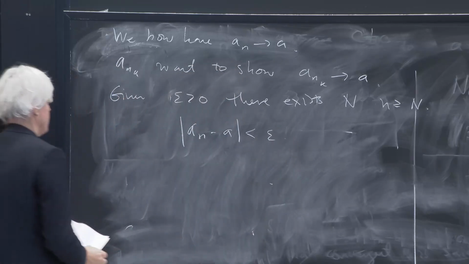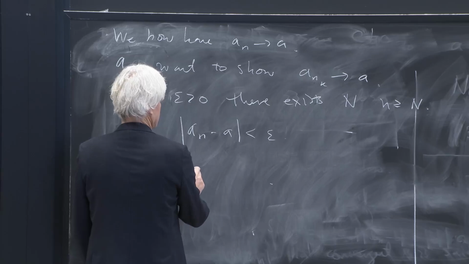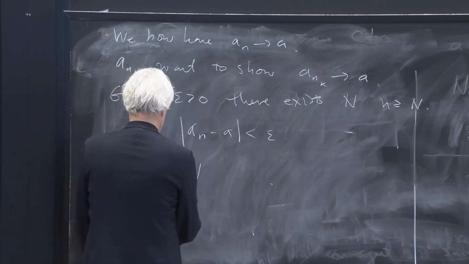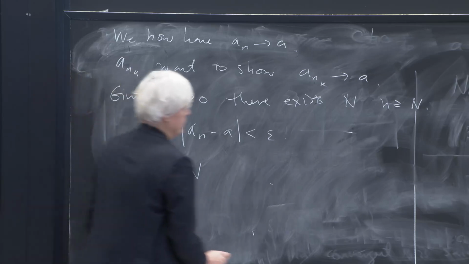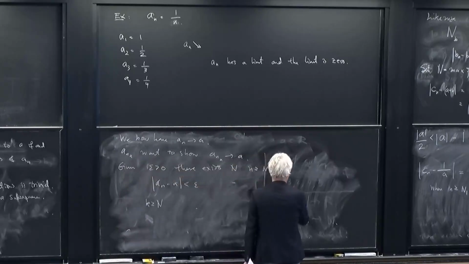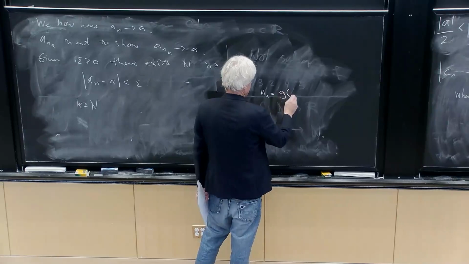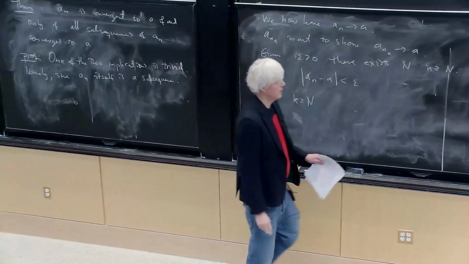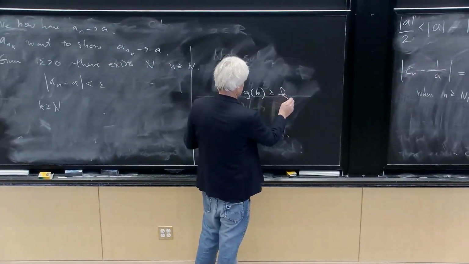But now you see that if k is bigger than capital N, then what corresponds to this n_k, you should really think of it as the value of this strictly increasing function. Because it's strictly increasing, it is bigger than k.